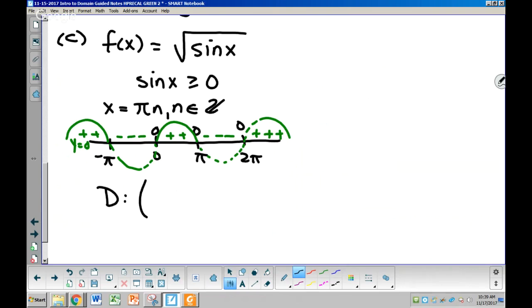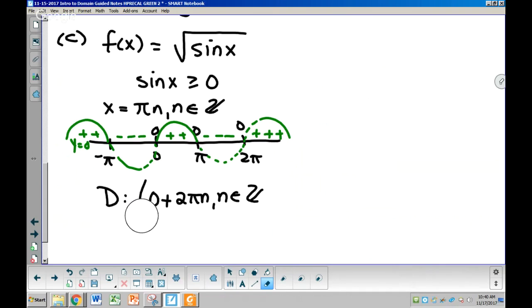Yes, what are we going to do? 0 plus how far to the next interval? Plus 2 pi n? n is an element of the integers. Now, is this going to be an open or a closed bracket? I messed up, didn't I? That should be a closed.